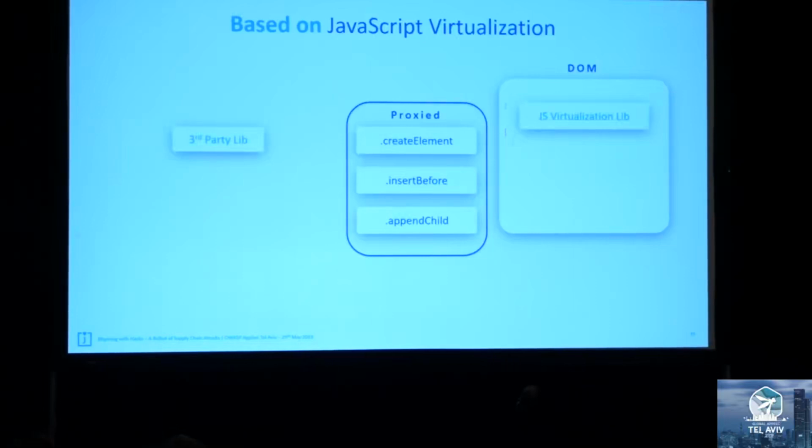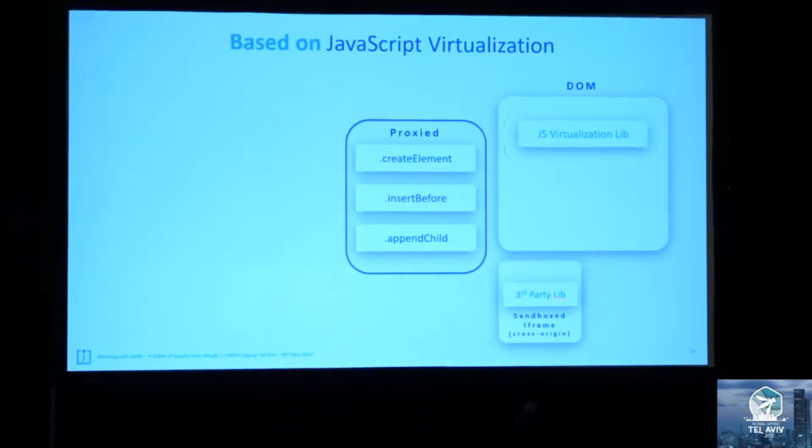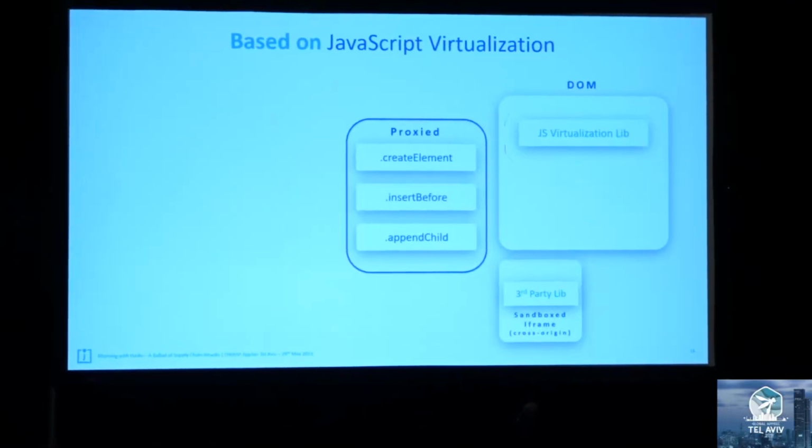So when you load the third-party library, it will use one of the proxied methods, and then what the library does is run that code in a sandboxed iframe that is cross-origin. The hope is to get some isolation, so whatever malicious things the code is doing, it will do in a sandbox environment.